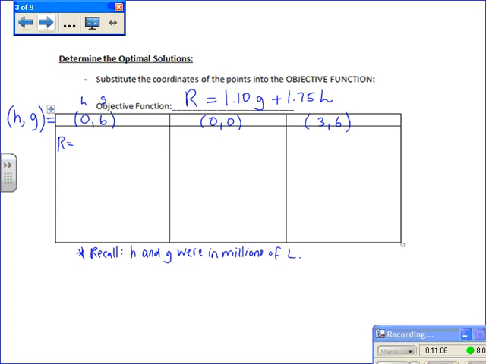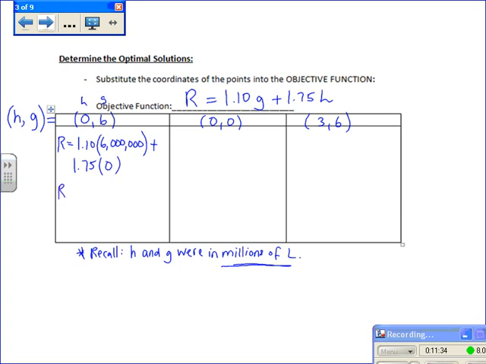R is equal to $1.10 times g, which is 6. And here, instead of 6, I'll remember that I am in millions of liters, so we'll say this is 6 million. Plus $1.75 times h, and h is 0, or 0 million, but that's still 0.